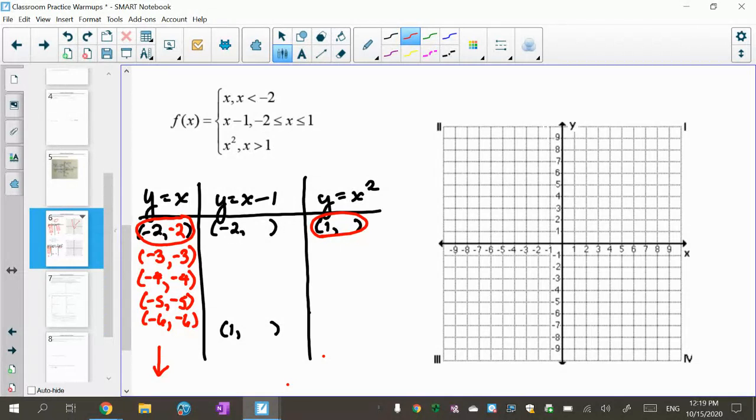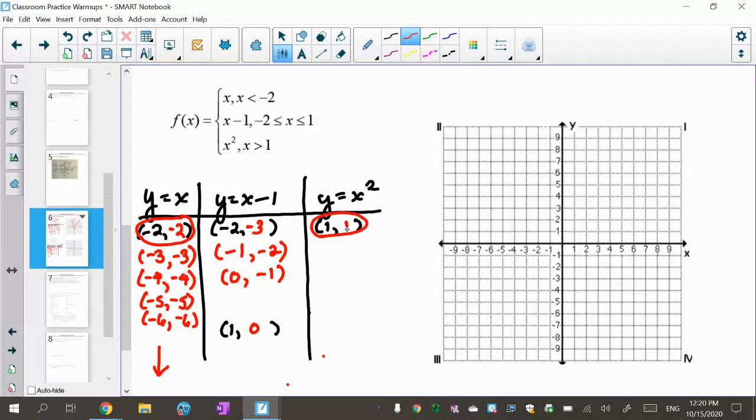So I have some points on that graph. The middle, negative 2, is actually in there. So negative 2 minus 1 is negative 3. And then I have negative 1, which is negative 2. Then I have 0, negative 1, and then I have 1, 0. So those 4 points are on the middle.